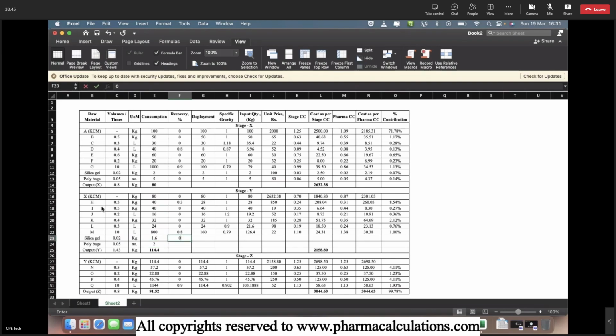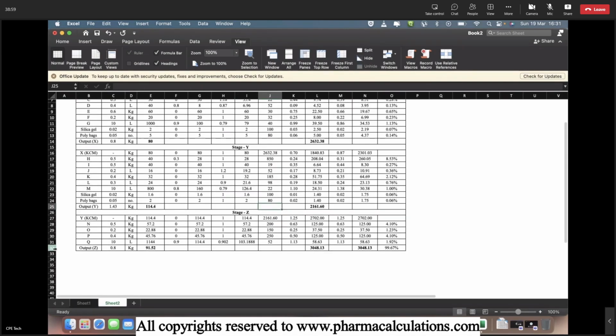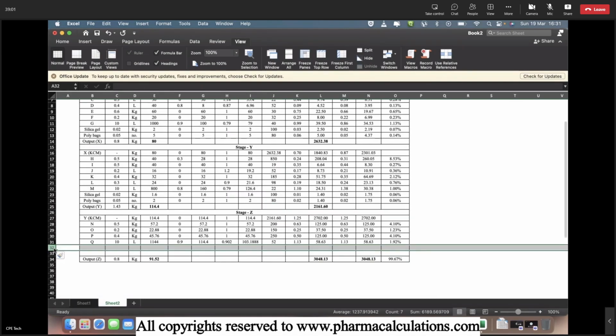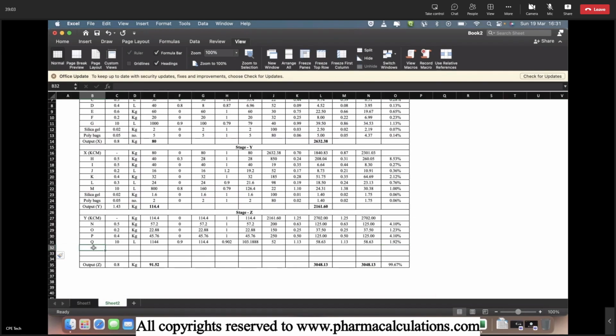So here this is going to be 0 recoveries, and the specific gravity, let's say these are 1, and the costs are going to be the same, 100 and 80, the unit prices. Automatically these are done. And even in this API we have to take more care. So I'll be taking silica gel. These are regular poly bags, and here these are triple laminated bags.